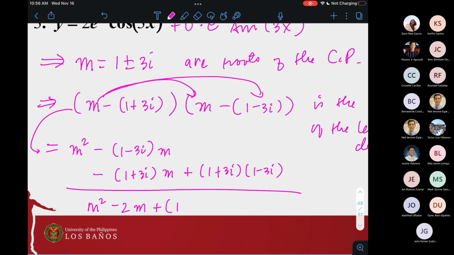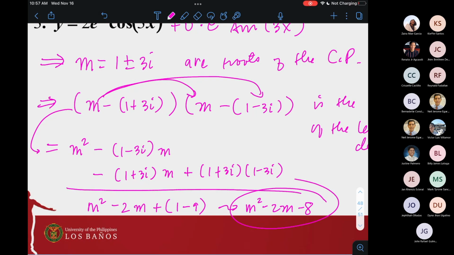So minus 9. Tama ba? A squared minus b squared. So that's 1 minus 3 squared. So 1 minus 9. Okay, that's what I got. That's a constant. And this guy is m squared minus 2m minus 8. Ito yung ating simplified characteristic polynomial.